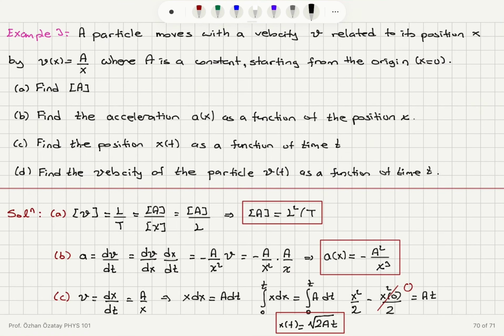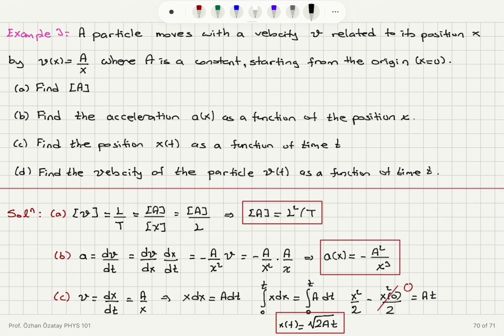Okay, so this was a good exercise to find all the kinematic quantities in terms of position and time. Given that velocity is given as a function of position as a over x, first we found the dimension of a, knowing the dimension of v and x. Dimension of v is L over t, dimension of position is L, so it's L squared over t.